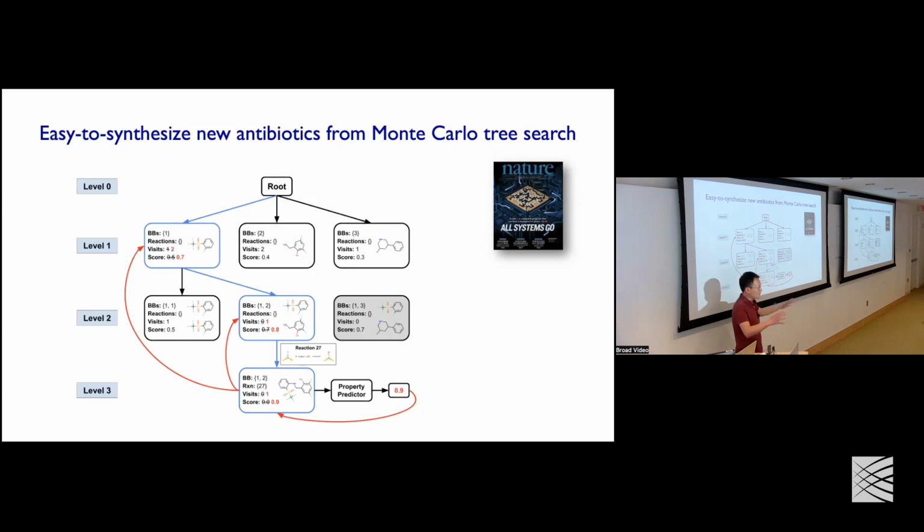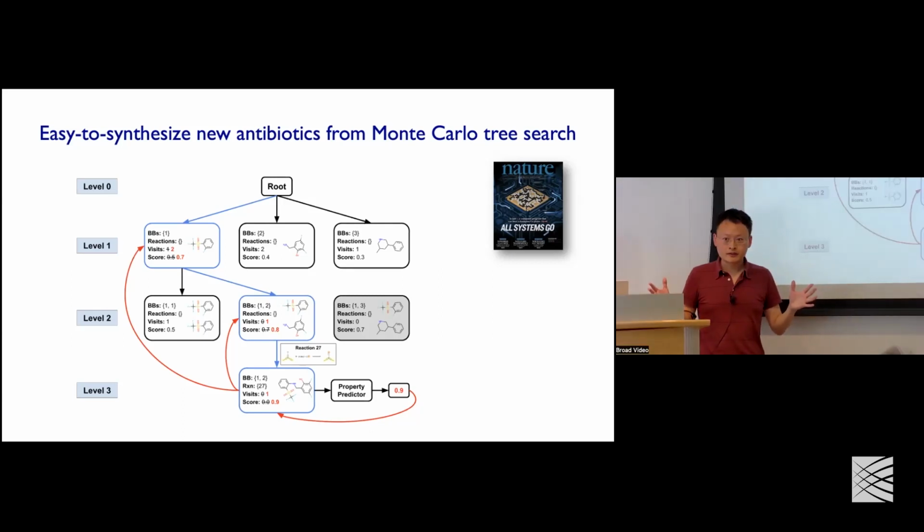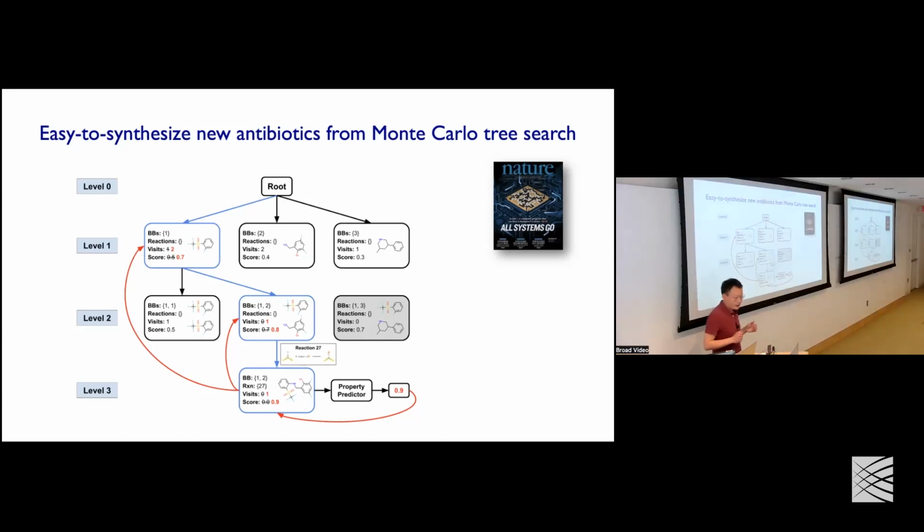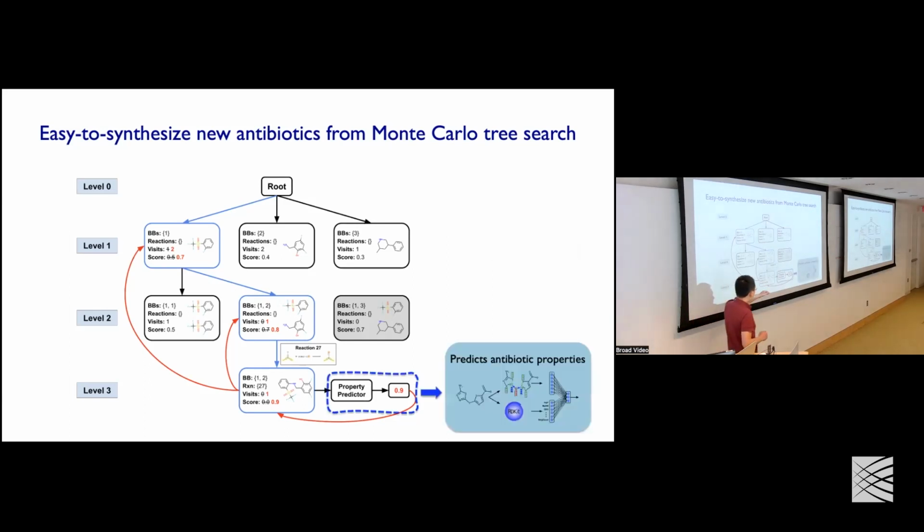Of course, this is still an astronomically large search space, so we still need some ways to steer and guide the AI algorithm. The way that we guide this is through another AI model, which we call a property predictor. Think of it as another classifier or discriminator.